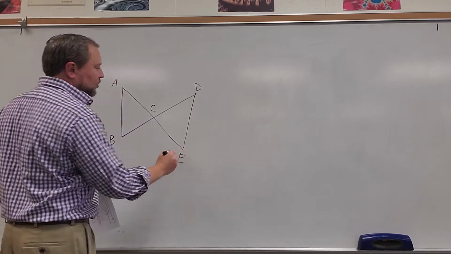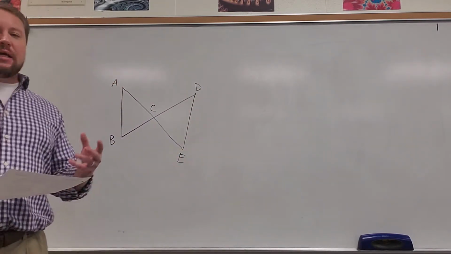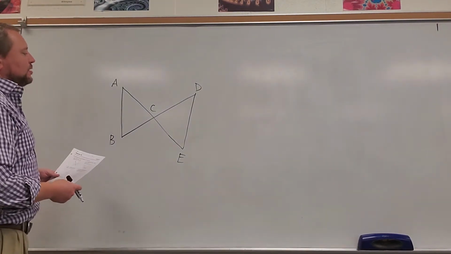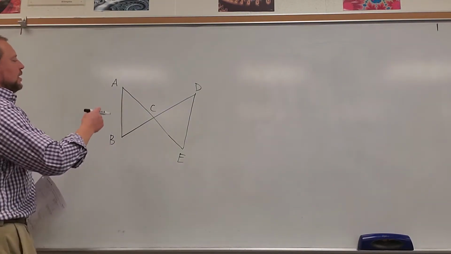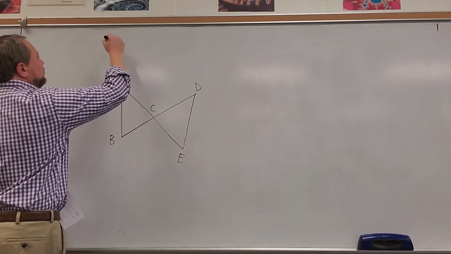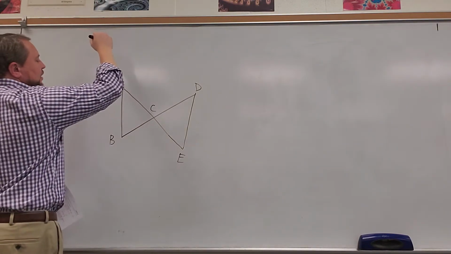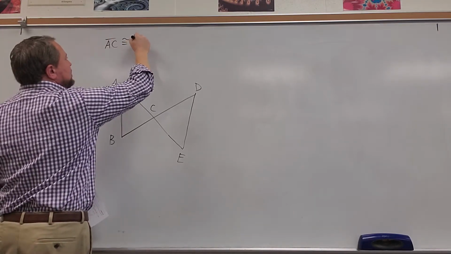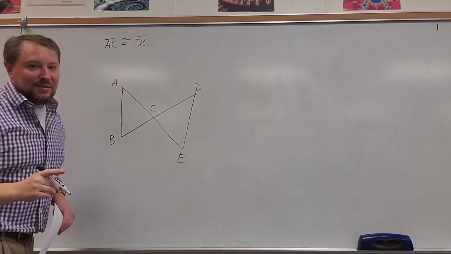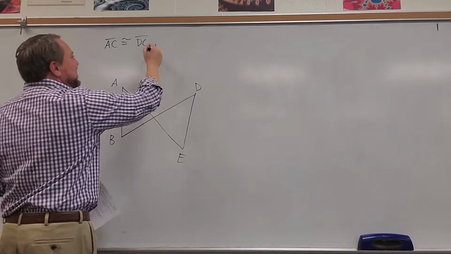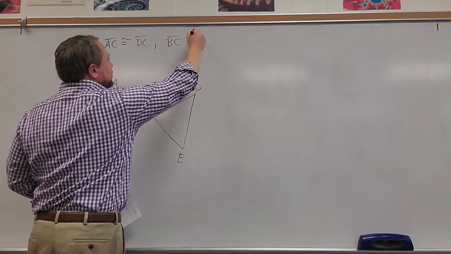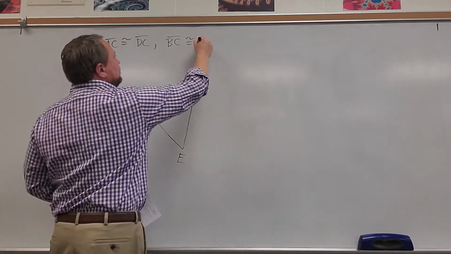And there's going to be some information that they give you to begin with as well. So in this picture, for example, they might say that AC is congruent to DC, and BC is congruent to EC.